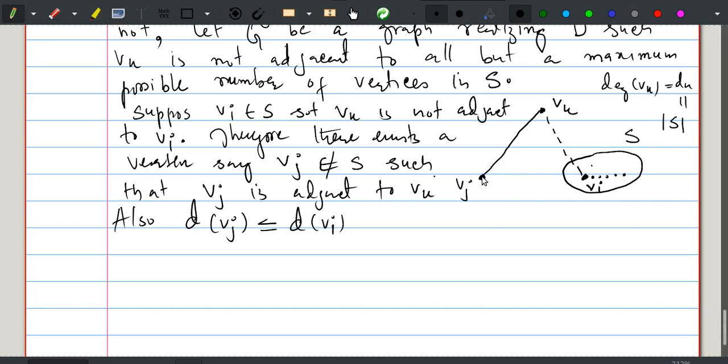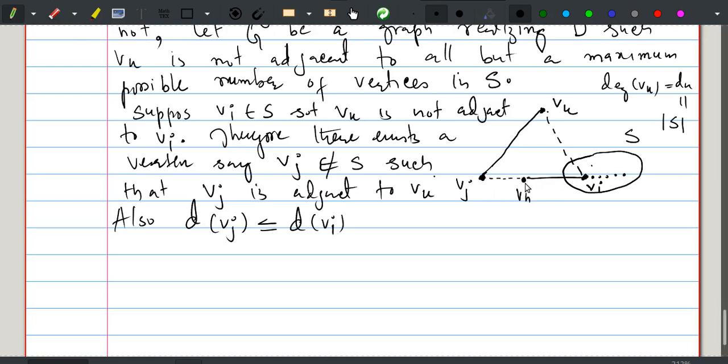we have an edge from Vk, but at Vi we don't have an edge from Vk. So to preserve this inequality, we must have a vertex, say Vh, in G minus Vk, such that Vh is adjacent to Vi but not adjacent to Vj. So we have to make it dotted. This is an important point.